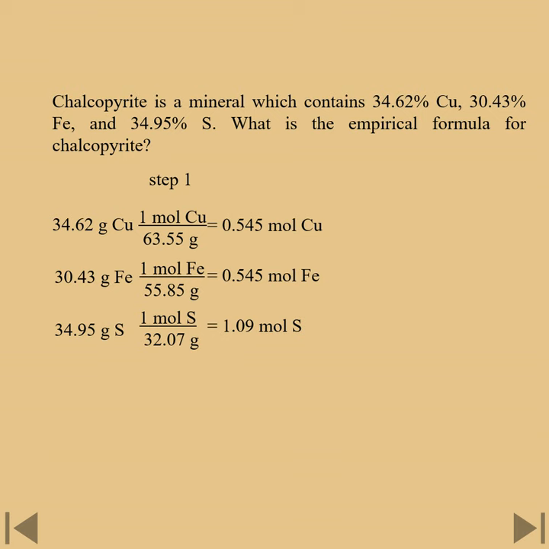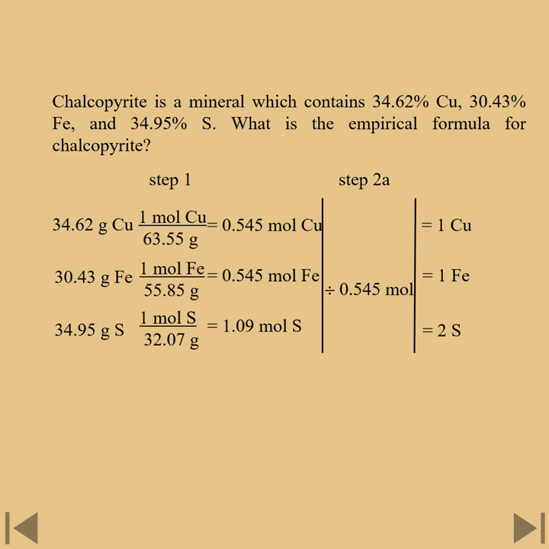Okay, there's step one, converting our masses into moles, which is the atom ratio. It's just not whole numbers. So step 2a, we divide each of these by a smaller number, 0.245. And in doing so, of course, we get 1 copper, 1 iron, and it turns out we get 2 sulfurs.